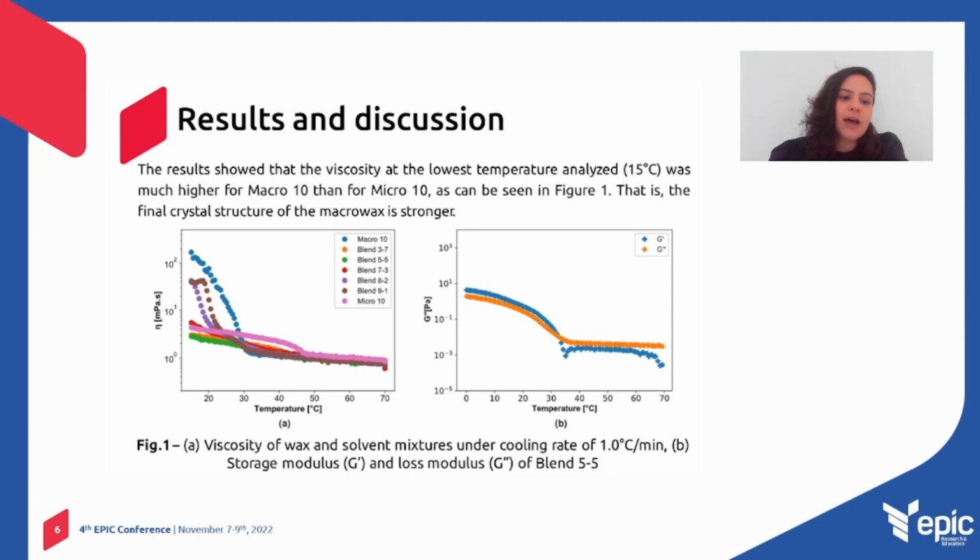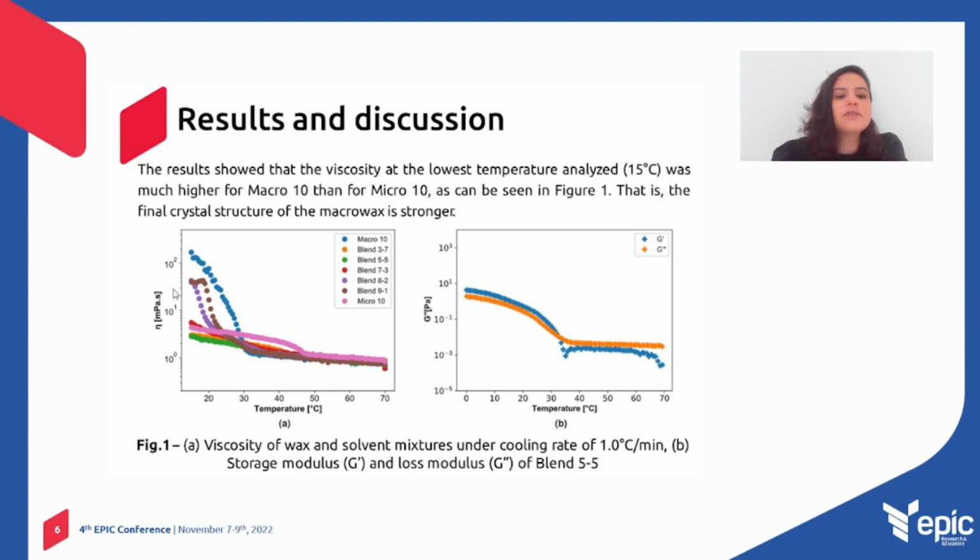But at the lower temperature that we analyzed, the viscosity of the micro one is lower than the macro one. The final crystal structure of the macro wax is stronger than the micro one because of the structure of the crystals formed. We also see in the first figure that the proportions of the macro and the micro impact the rheological behavior.